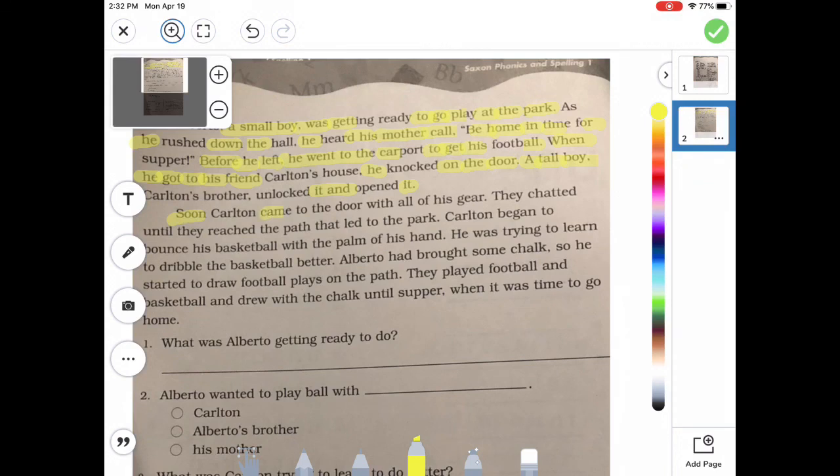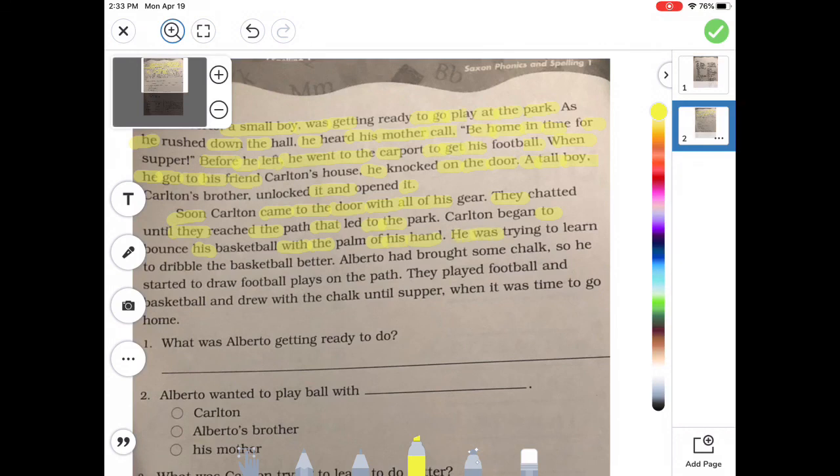Soon Carlton came to the door with all of his gear. They chatted until they reached the path that led to the park. Carlton began to bounce his basketball with the palm of his hand.